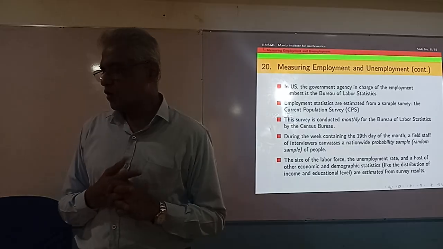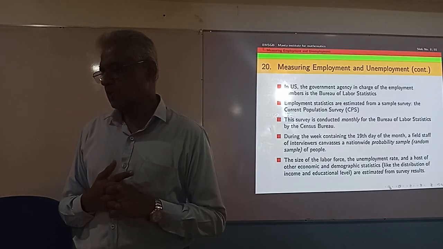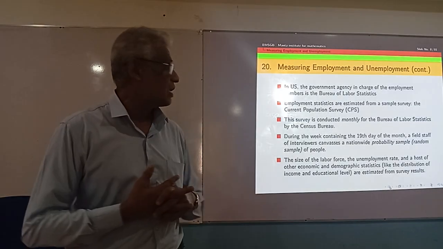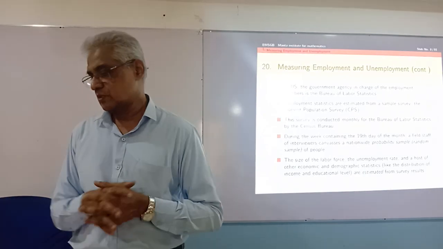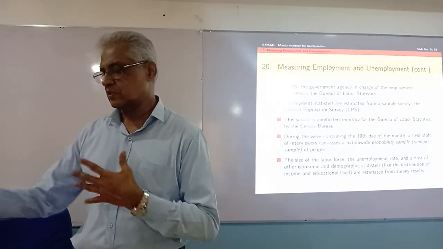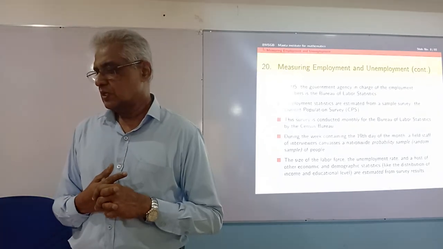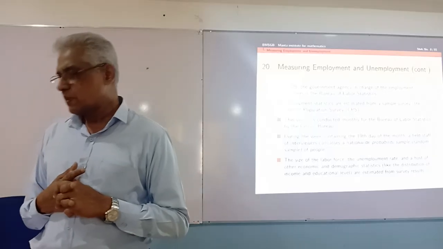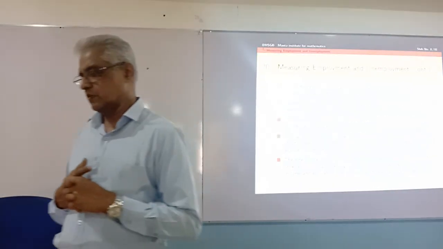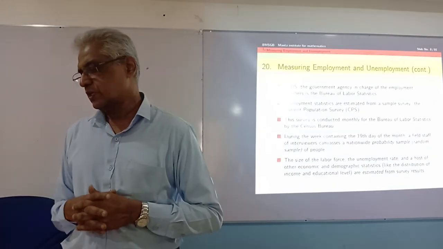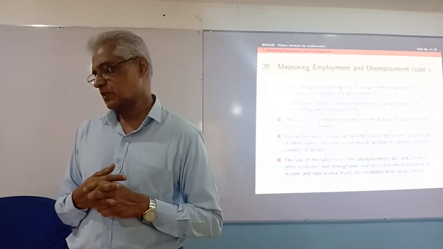So in the US, the government agency in charge of employment numbers is the Bureau of Labor Statistics. That's the organization in charge of publishing these numbers. Employment statistics are estimated from a sample survey, called the Current Population Survey.